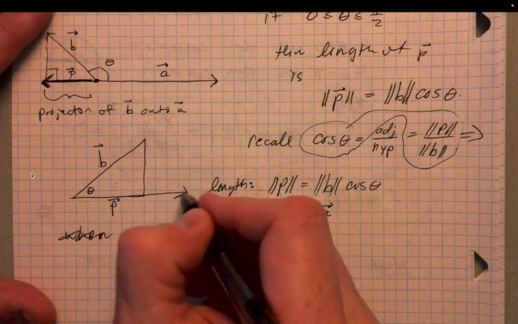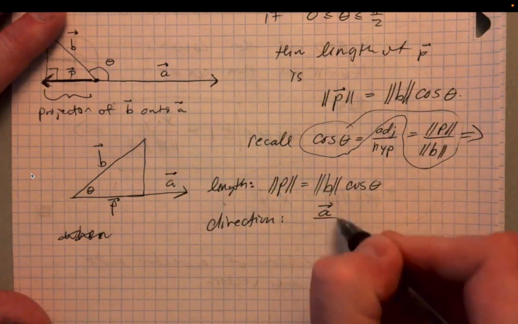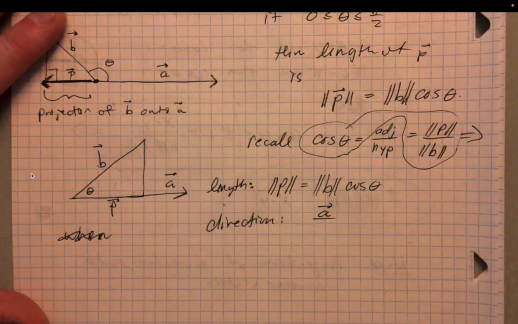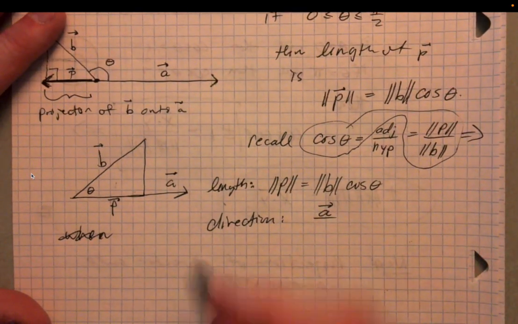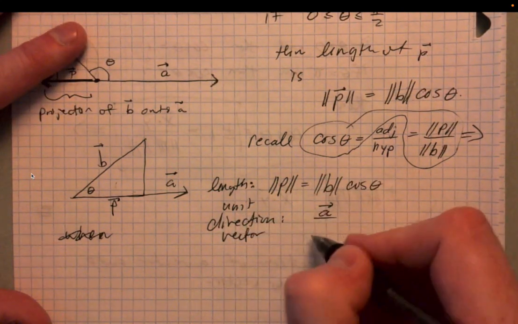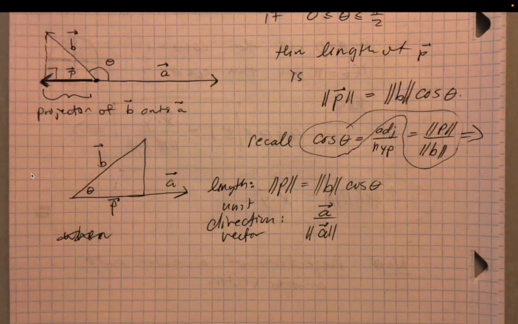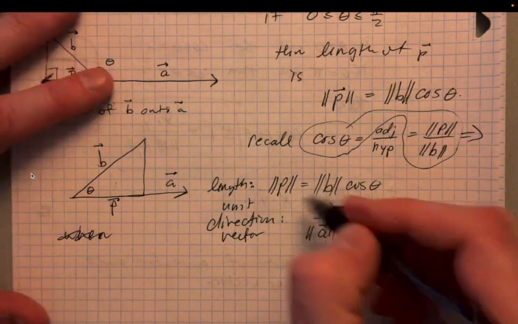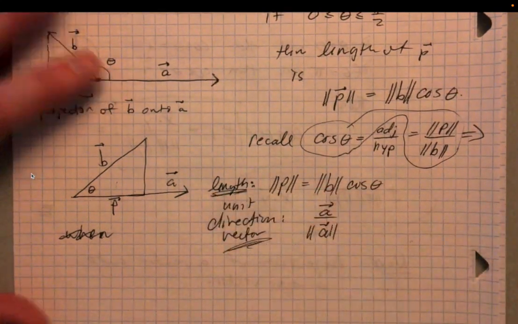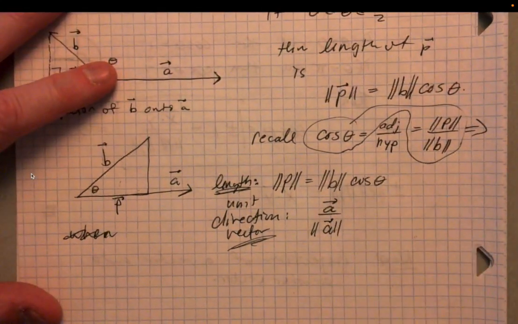P lies on A, doesn't it? The direction is just going to be the A vector. Well, you can think of the A vector as the direction, but if I want to have a unit direction vector, then I can take the A vector and divide by the norm of A, like so. And so now I've got the length and I've got the direction of P, in terms of A and B, and the angle between them.